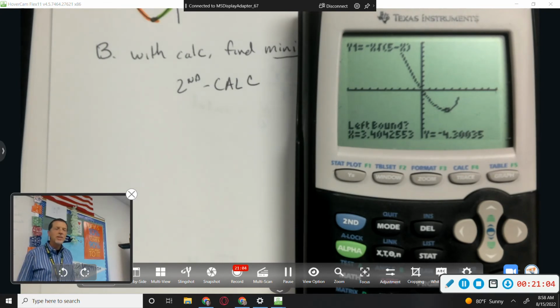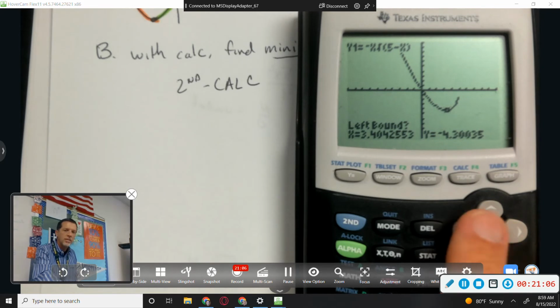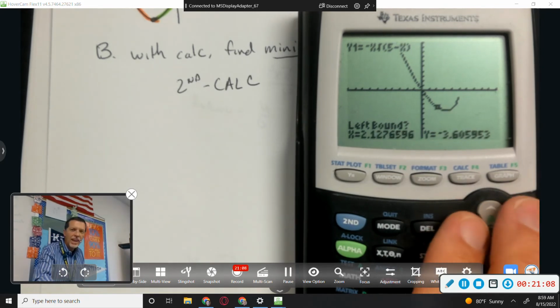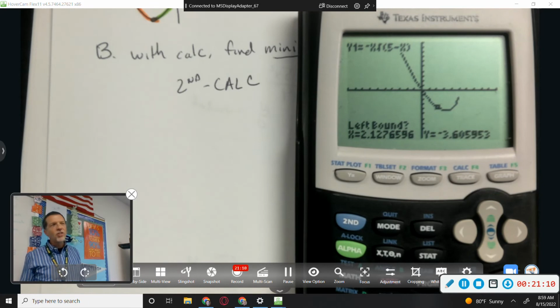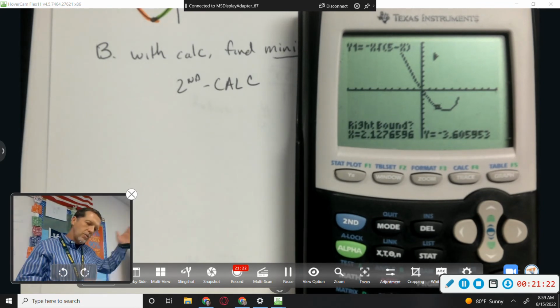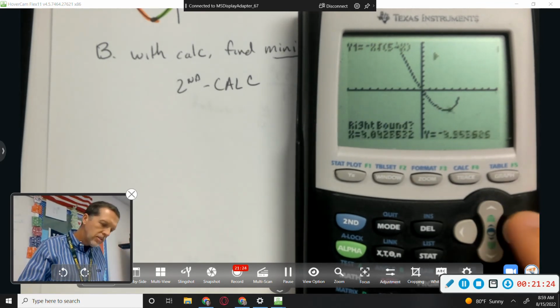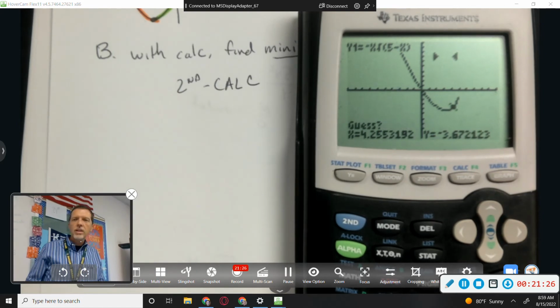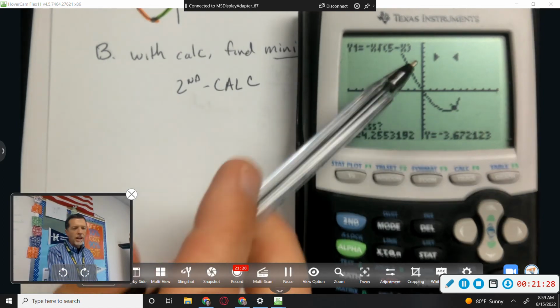Left bound means get to the left of where the minimum is. Basically, how the calculator finds it, it does a guess and check. So it's asking, where do you want me to look for this thing? So let's give it a place to look. Left, so get left of the minimum, press enter. Right bound means get to the right of the minimum. So get on the other side somewhere. You can see there's a couple of little arrows up there.